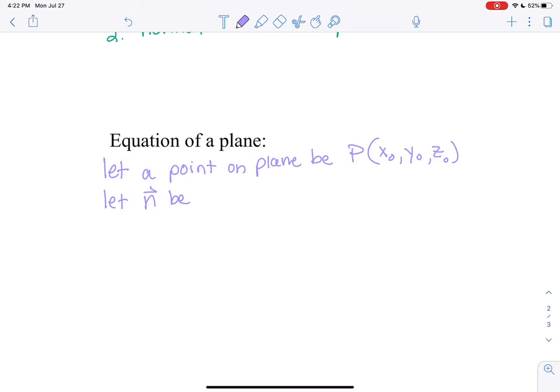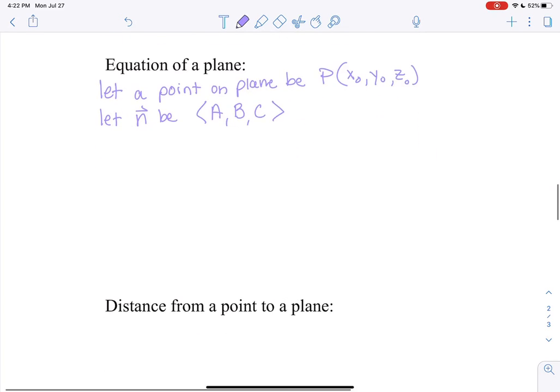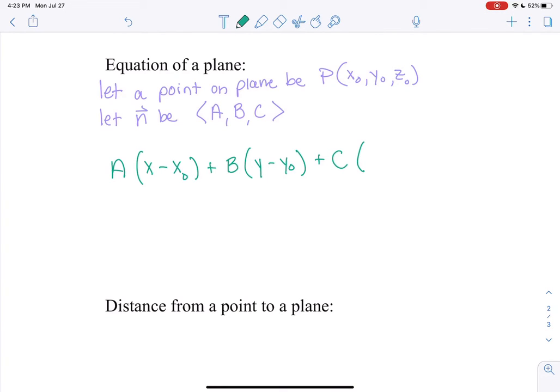So this is the normal vector to the plane, and we'll just let it be capital A, capital B, capital C. So those are the components of the normal vector. The way you combine those into a plane equation is as follows. You get the first component of the normal vector times x minus x naught, plus the second component of the normal vector times y minus y naught, plus the third component times z minus z naught.